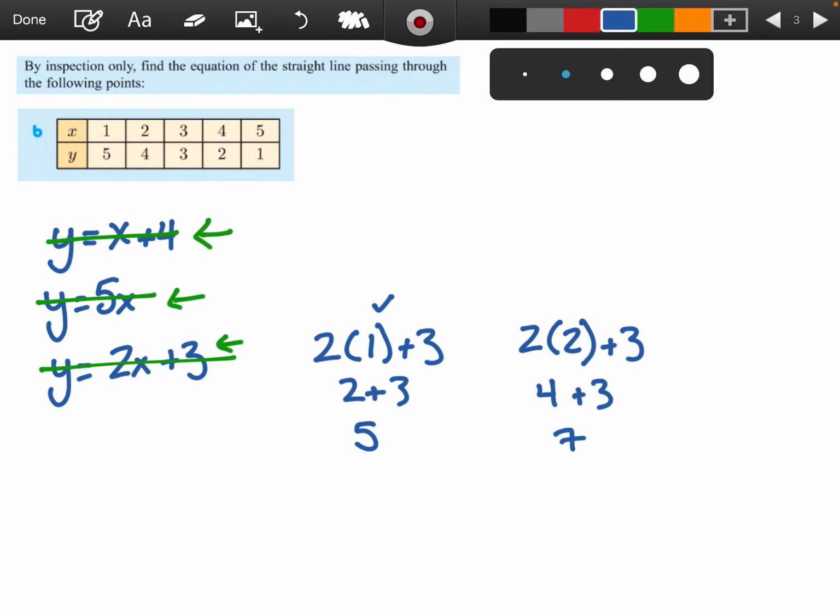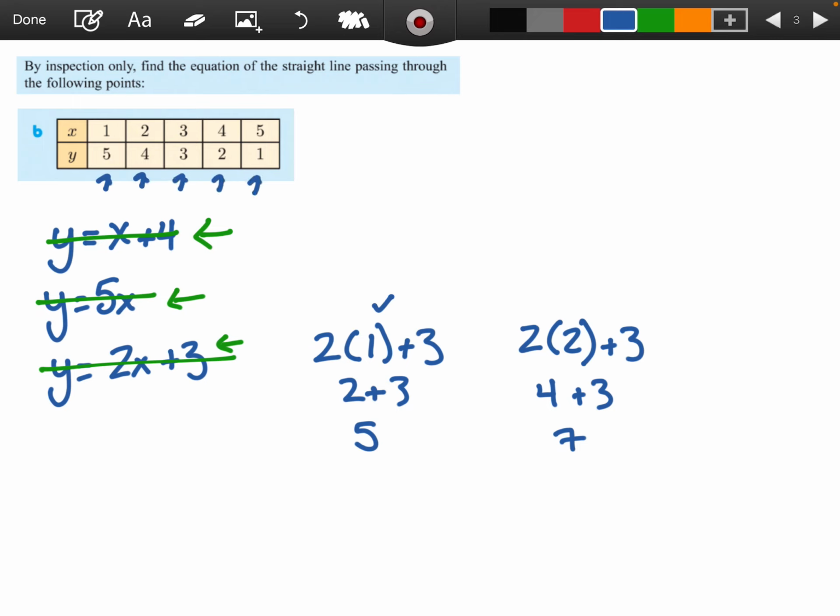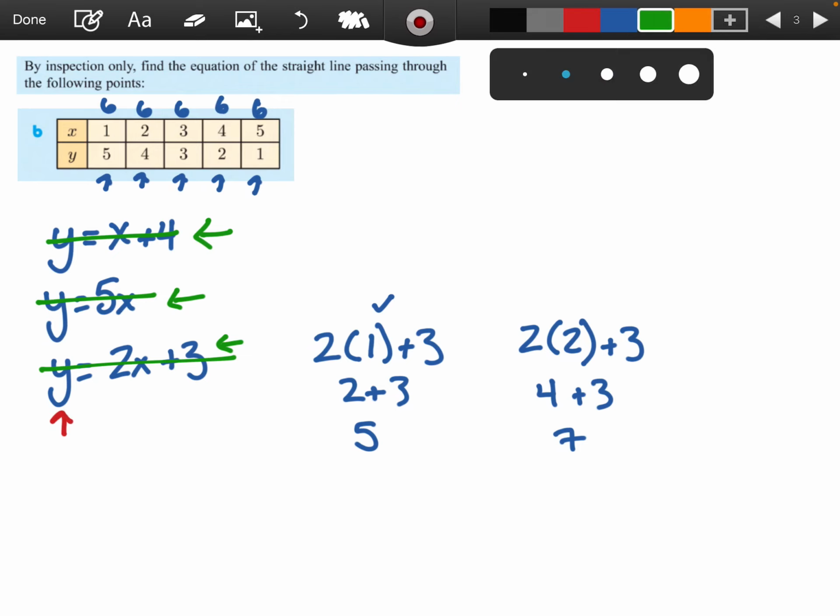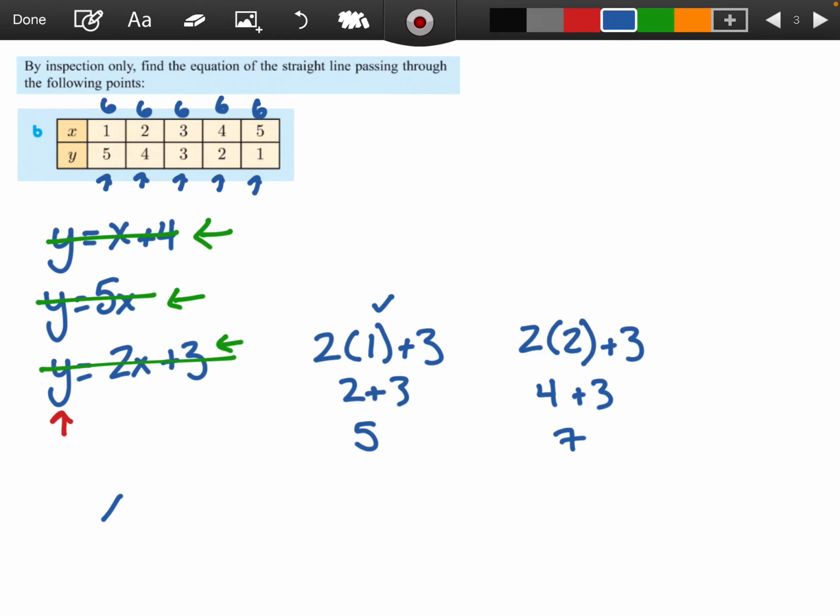If I look at these numbers, maybe you've already noticed that each of them, if I put them together, will give me a total of 6, right? 5 plus 1 is 6. 2 plus 4 is 6. 3 plus 3 is 6. 4 plus 2 is 6. So that gives us something we can work with. Instead of writing the equation with the y first, I can see that if I do x plus y, I will get 6.